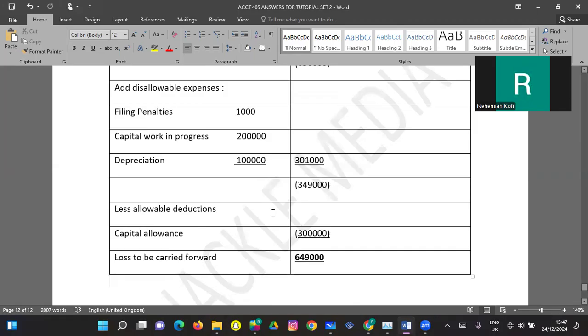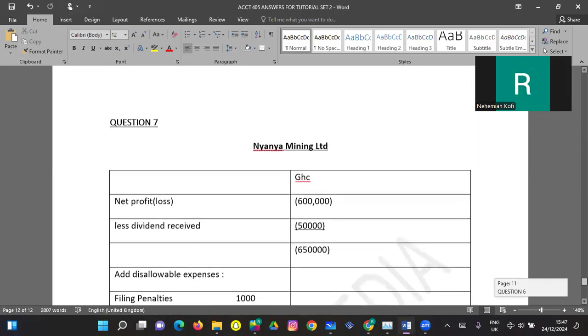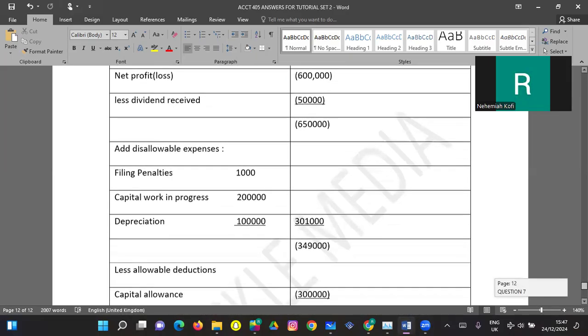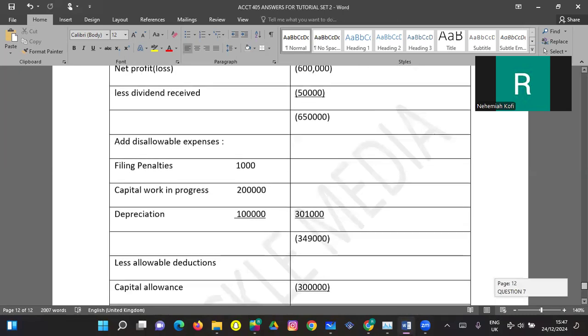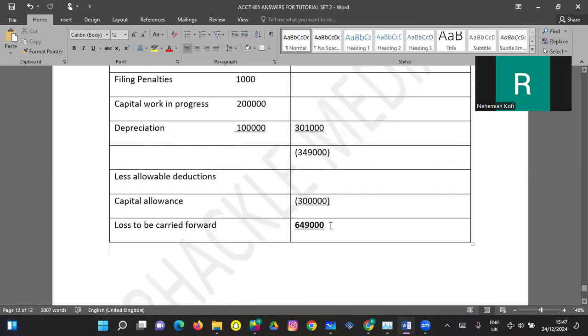So now our loss to be carried forward is going to be what? 649,000. That's basically it, right? So you see, we add back the disallowable expenses, then we take out the allowable expenses and then we arrive at this. That's it here.